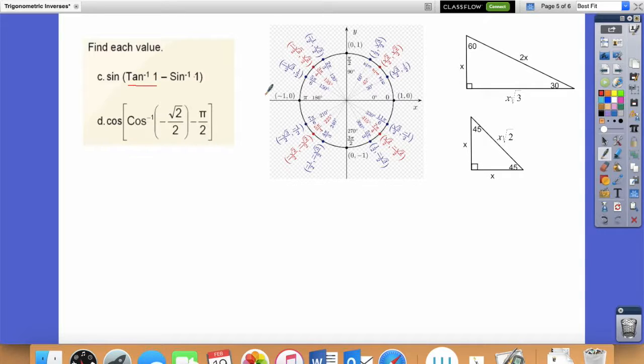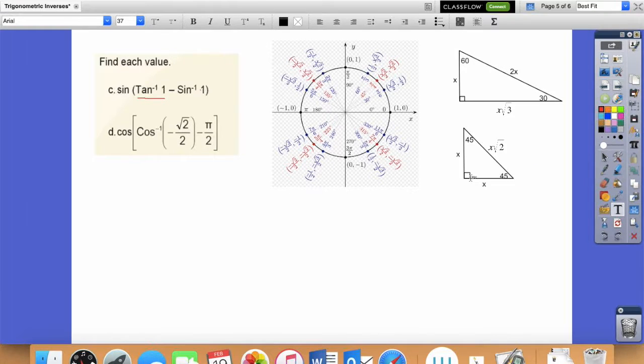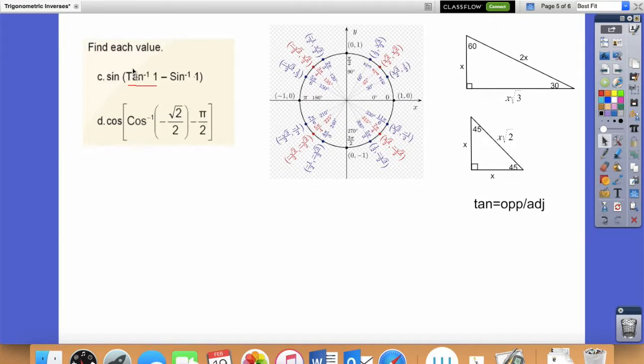When you're using tangent, you may want to go back to your special triangles, because in the triangles, tangent is equal to opposite over adjacent. And so it's a lot quicker to find your values on here than it is on here. So let's go ahead and look at this problem.